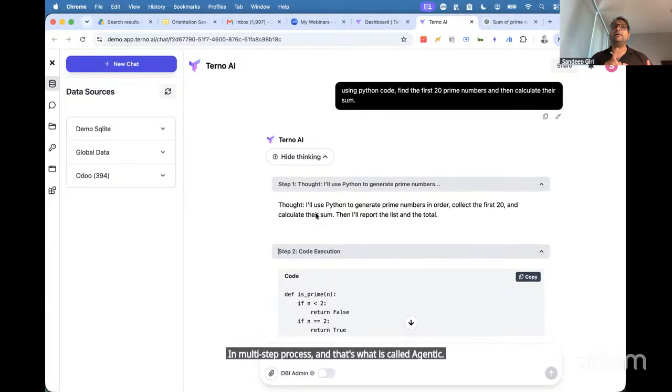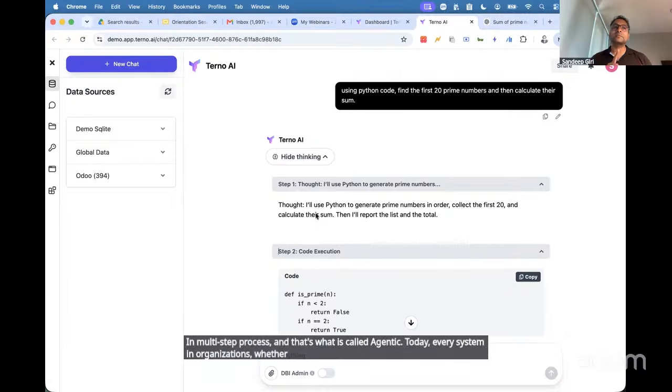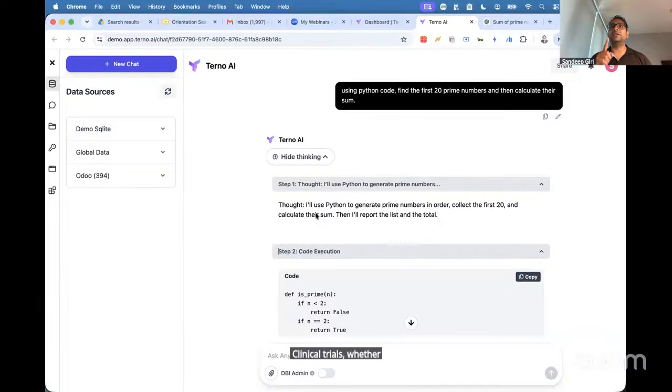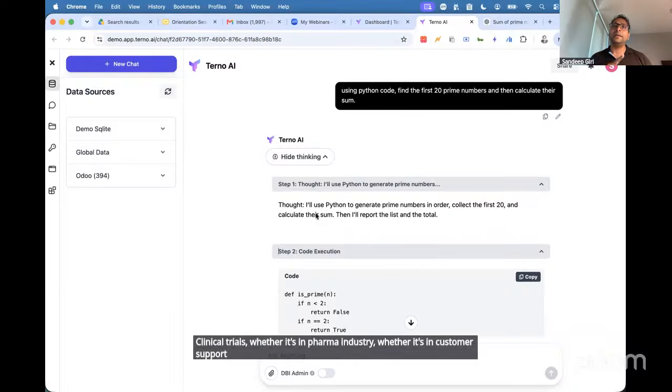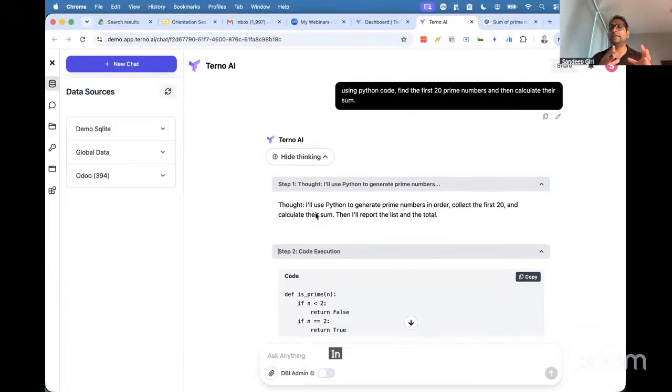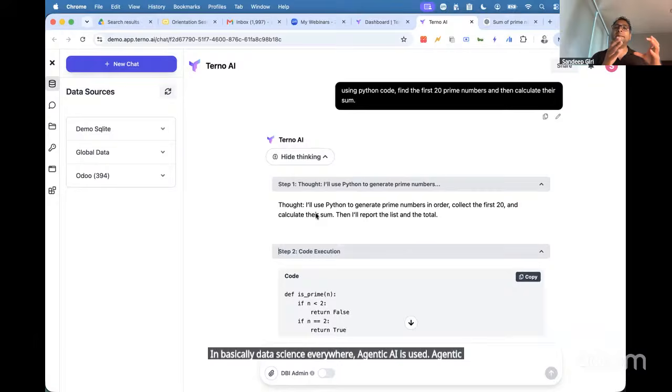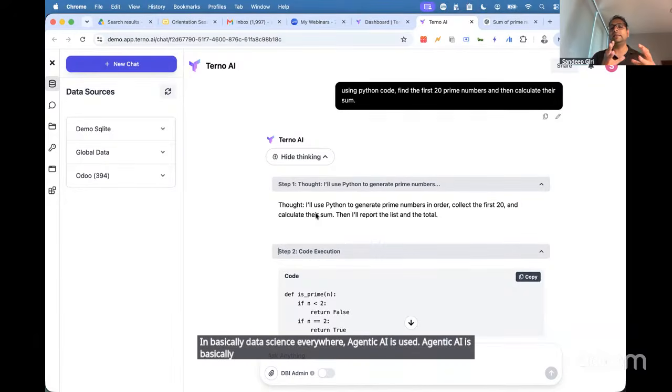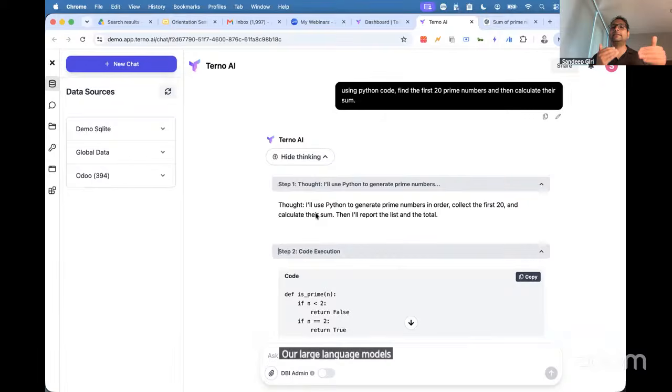Today, every system in organizations, whether it's clinical trials, the pharma industry, customer support, or data science, everywhere, agentic AI is used. Agentic AI is basically utilizing the AI or large language models in a multi-step process.